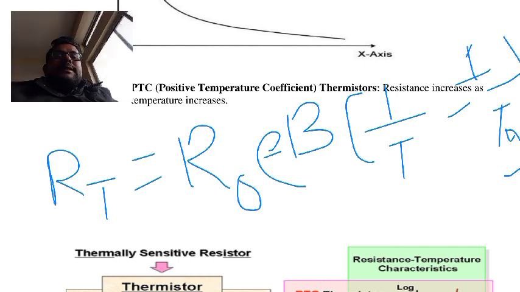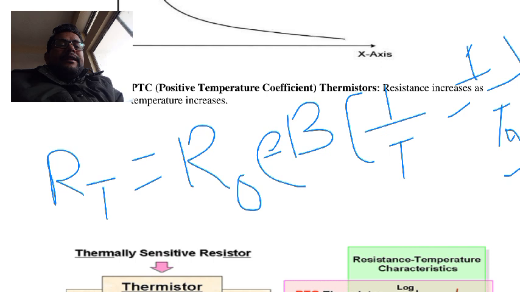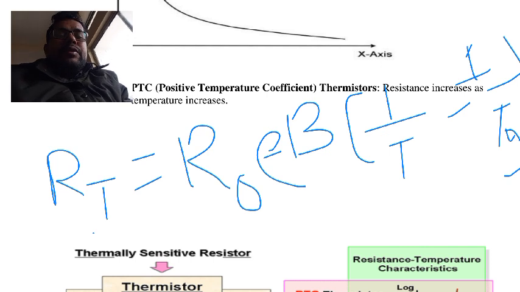RT is the resistance at temperature T. R0 is the resistance at the reference temperature T0.